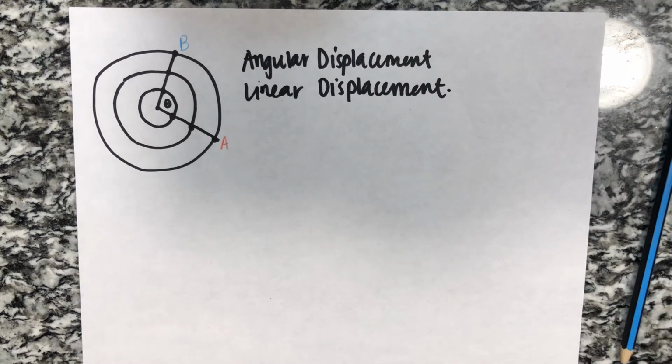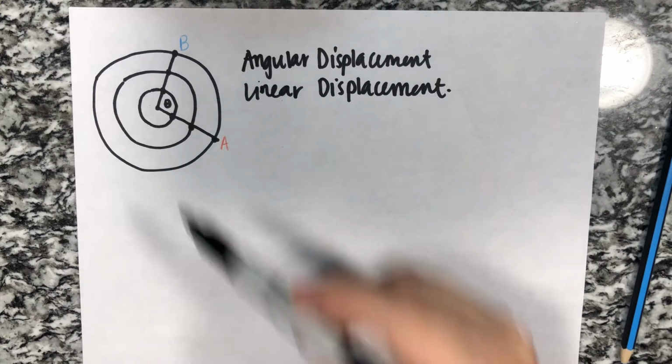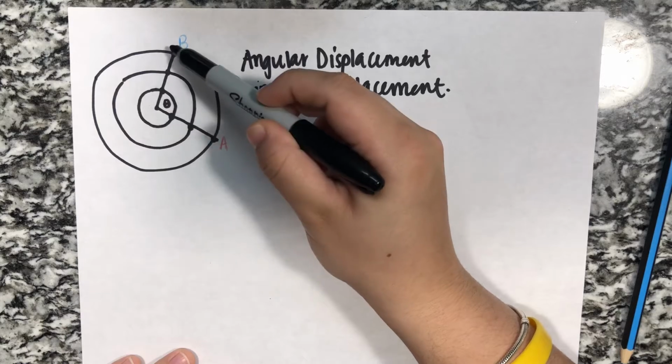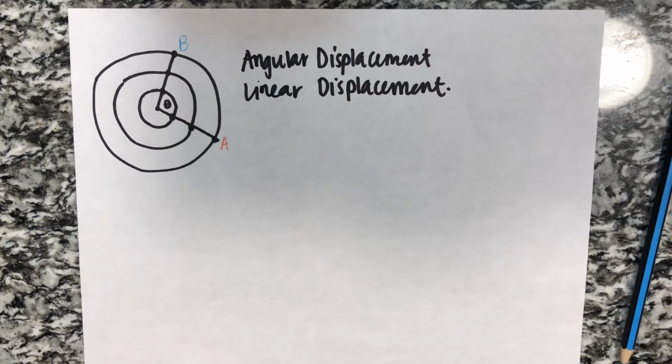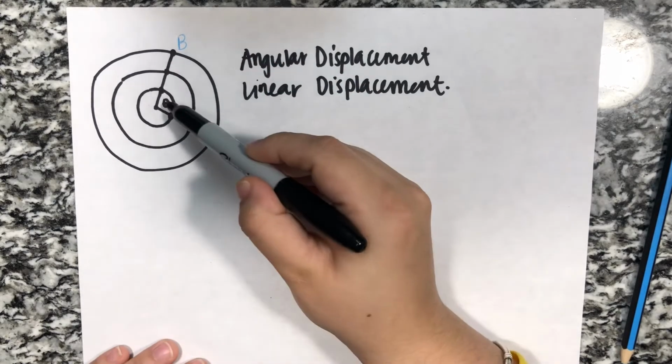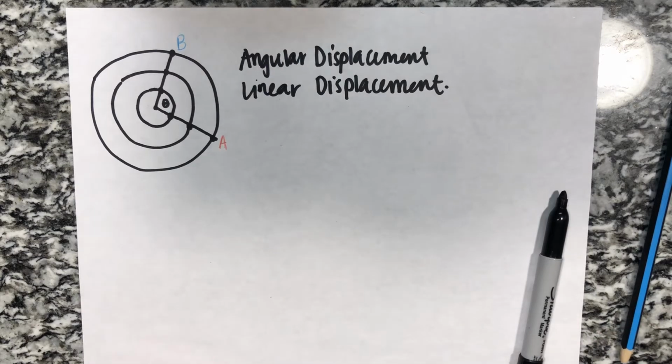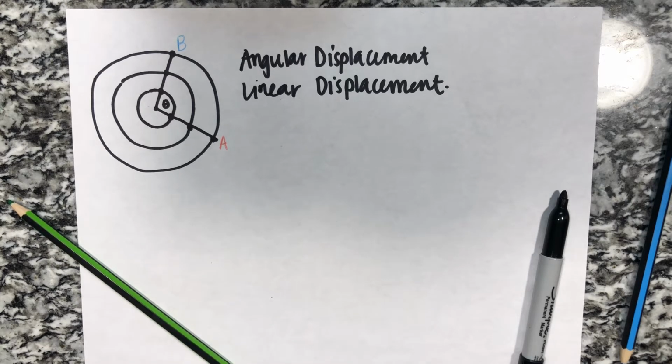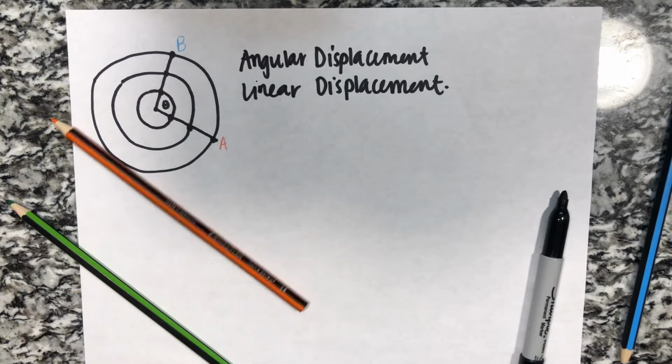So in moving from line A to line B, let me color code the circles to make that easier to see. I'll do one in green, one in orange, and one in blue.